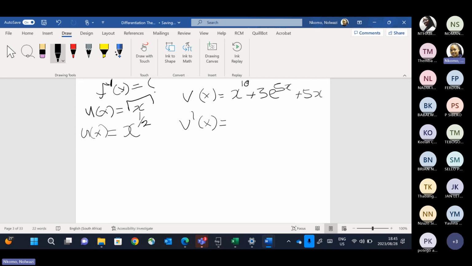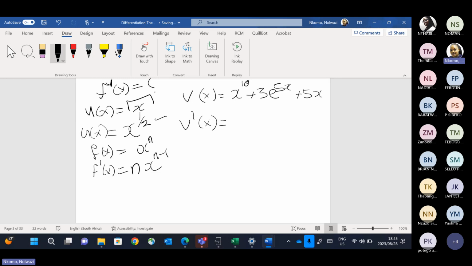Then you can apply the power rule. If you have f at x as x to the power n, then the power rule will give you f prime at x as n x to the power n minus 1, right?